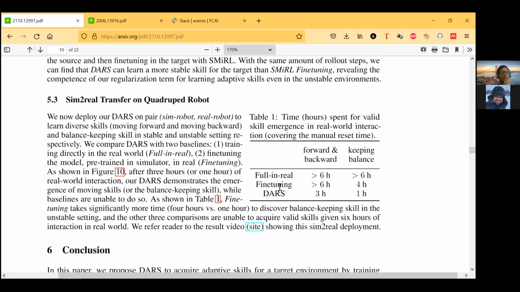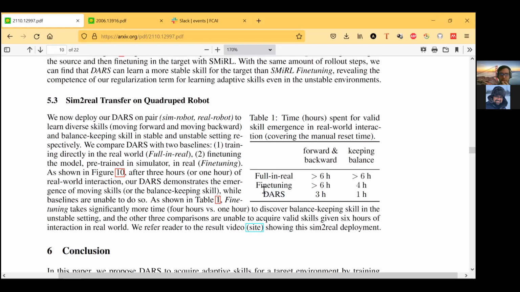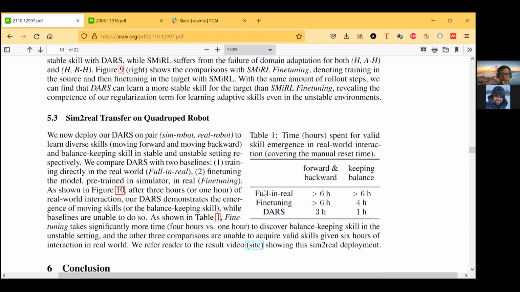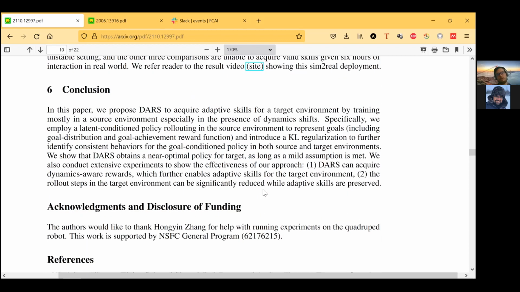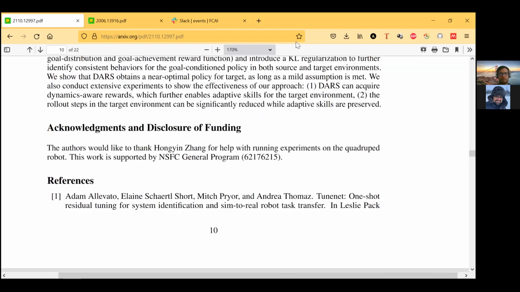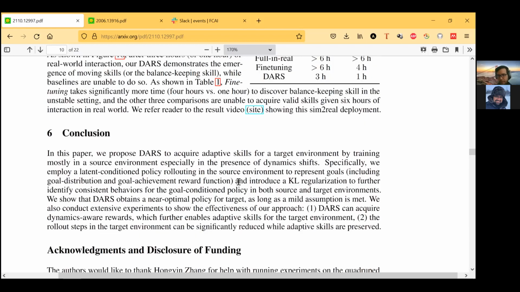If you learn something in simulation and you fine-tune on the real robots, you will need a bit more trajectories, maybe because you don't avoid these states, and so you need to adapt a bit more, or if you train directly on the robot. But there are no more details on this. So yeah, that basically concludes the paper.